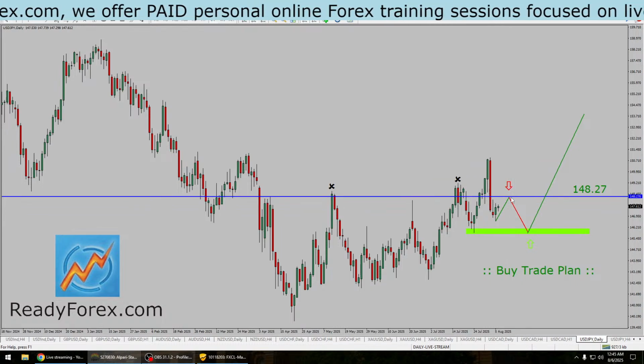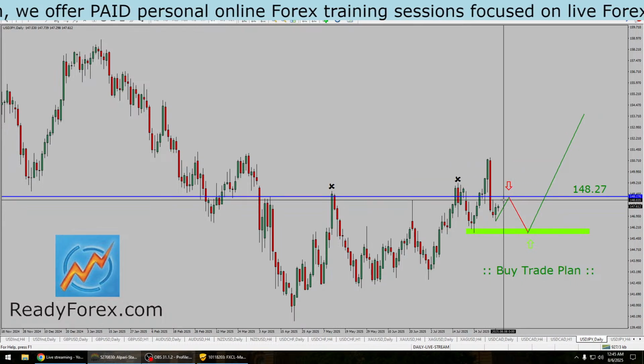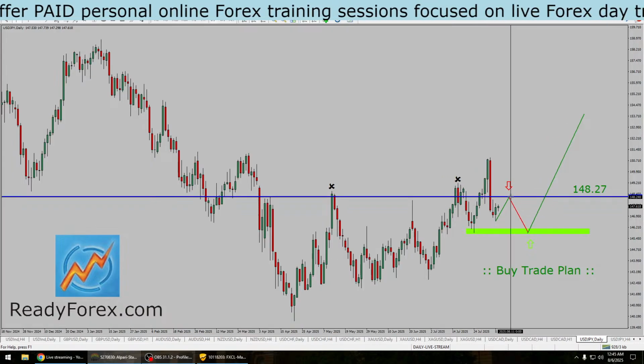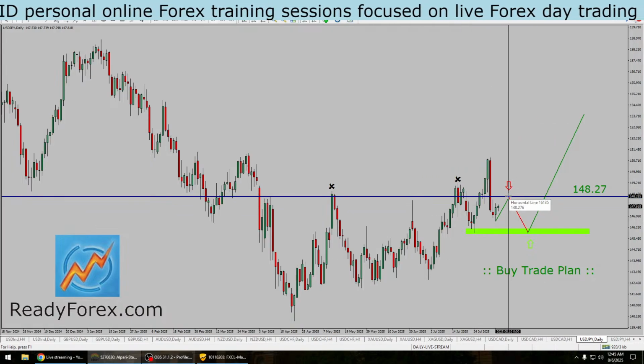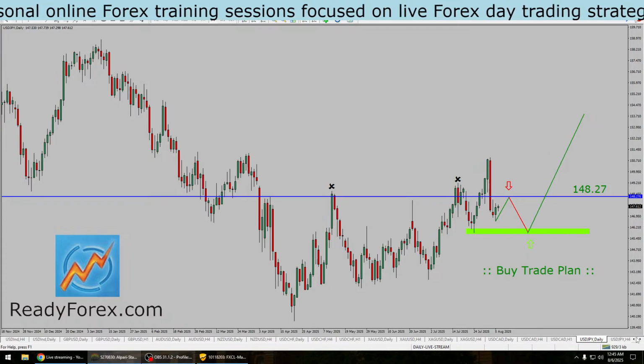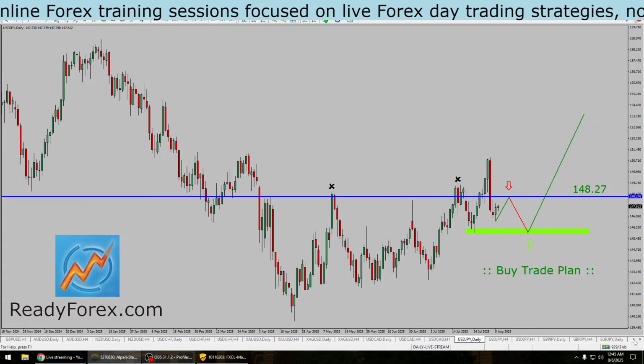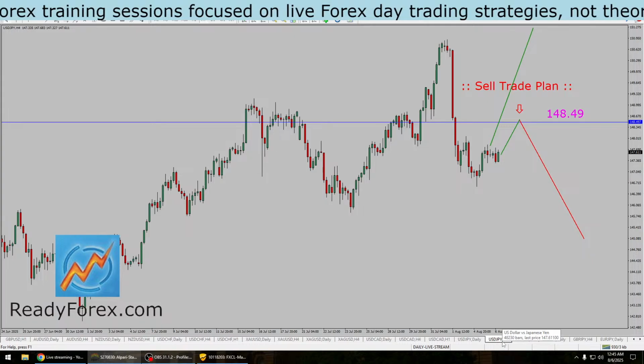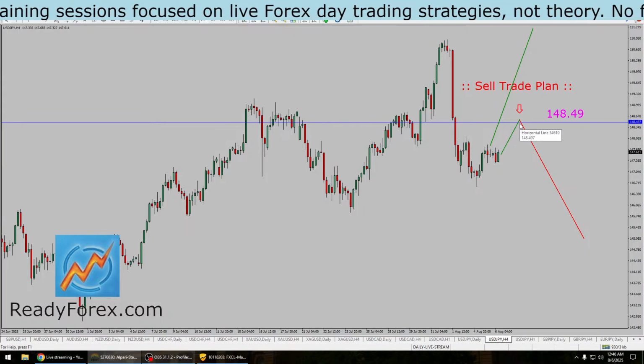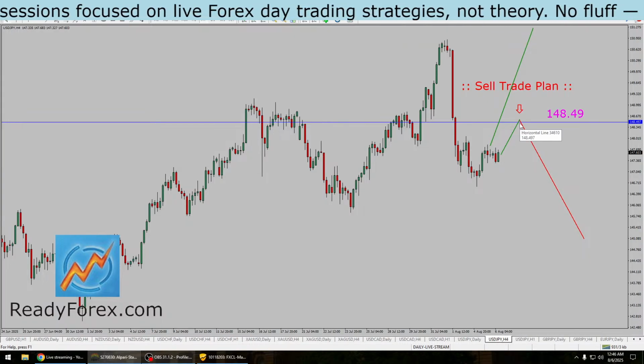Now if we do get a retest over here, then this 148.27 level could provide us a potential sell trading chance or sell trade setup over here. Let's go to a 4-hour time frame. So 148.49, that's the level.